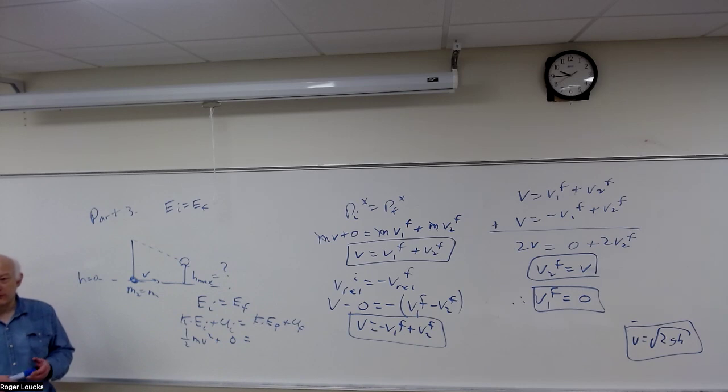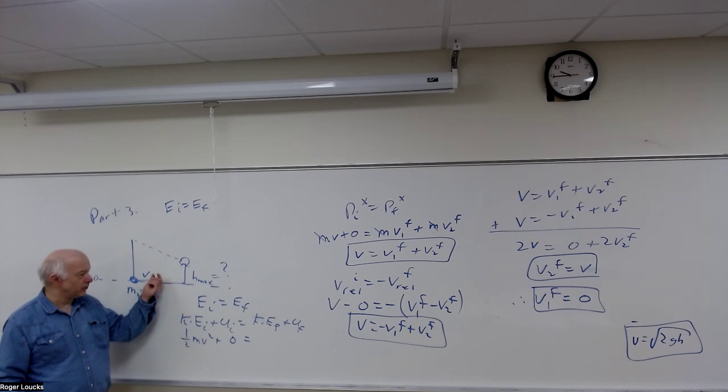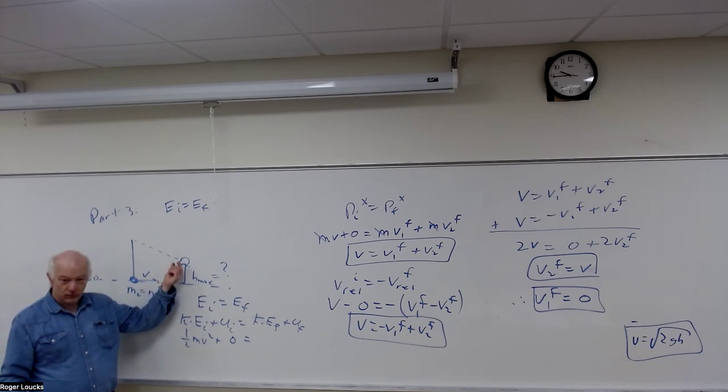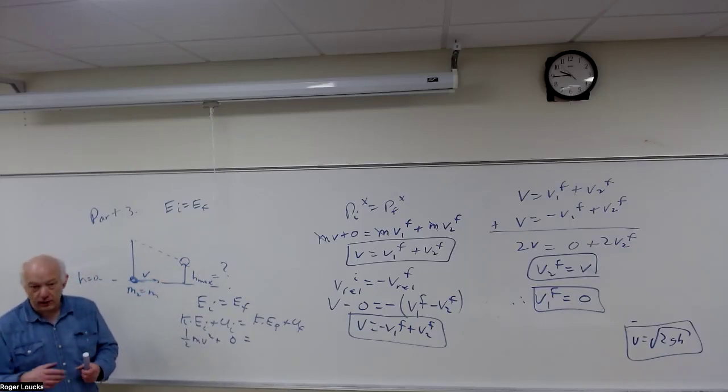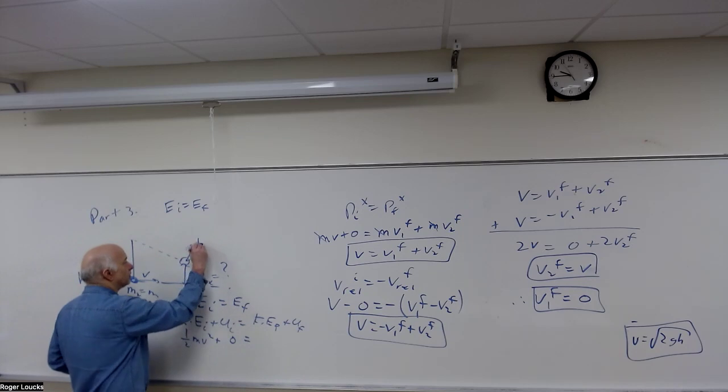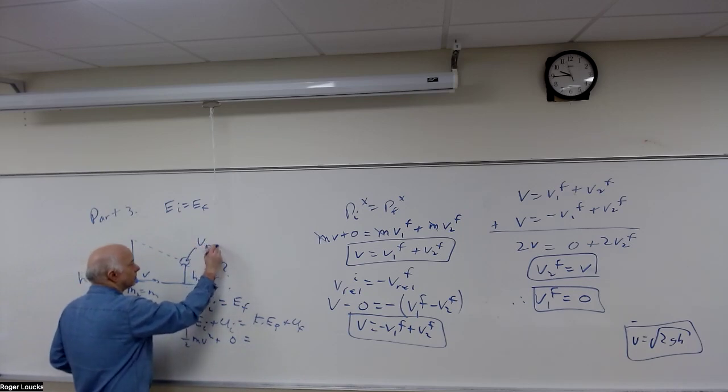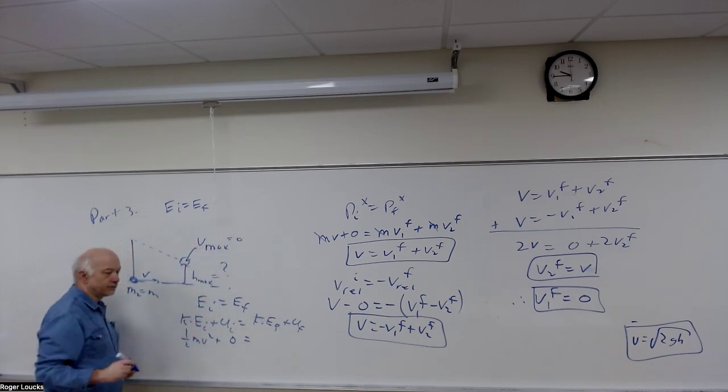Because what are we looking for? The maximum height. So what's going to happen is it goes up, slows up, slows up, stops momentarily. Then it starts coming back down. So where it stopped, that's where you're going to have maximum height. So the velocity at this point would be 0.